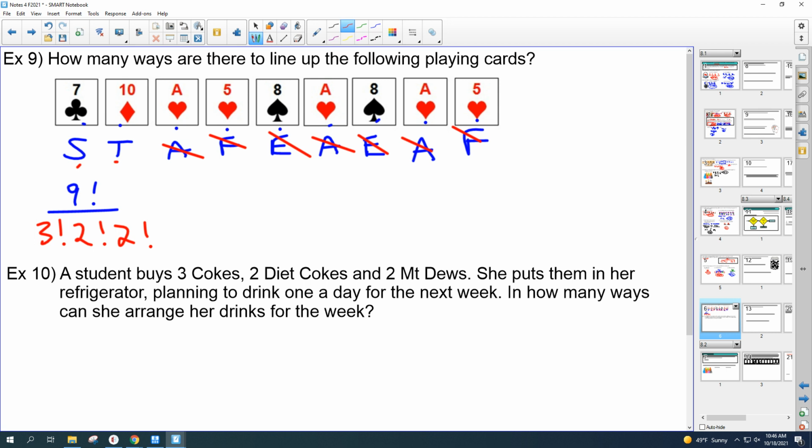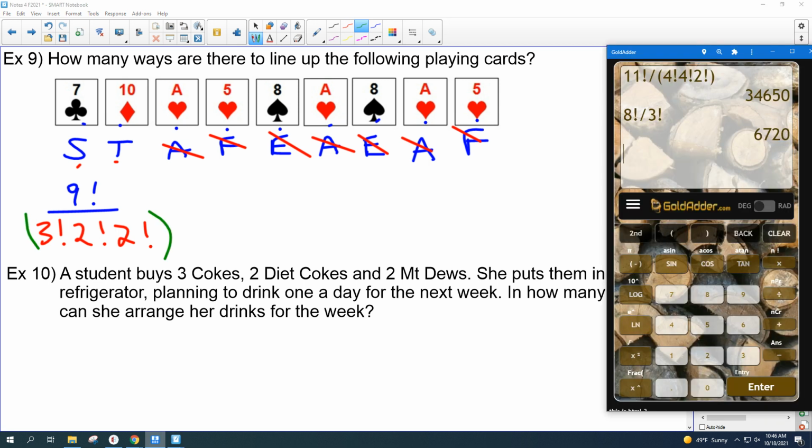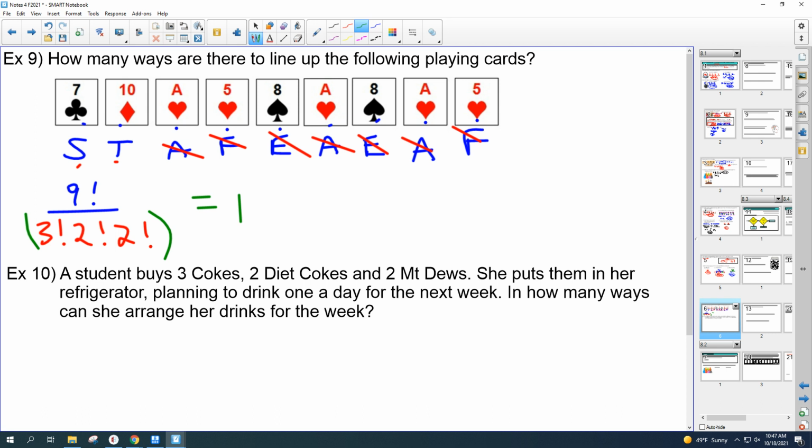So 9 factorial over that stuff. Remember, when you type that in, you better use parentheses or else it's not going to be right. It's not going to do your order of operations correctly. 15,120. Counting means how many ways are there of doing whatever this is. Okay, there are 15,120 ways of shuffling those cards, basically.